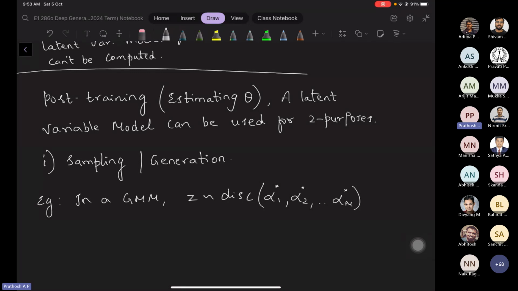So first you do that, and then sample x given z by a Gaussian. Let's say that the outcome is i, alpha i is the outcome.